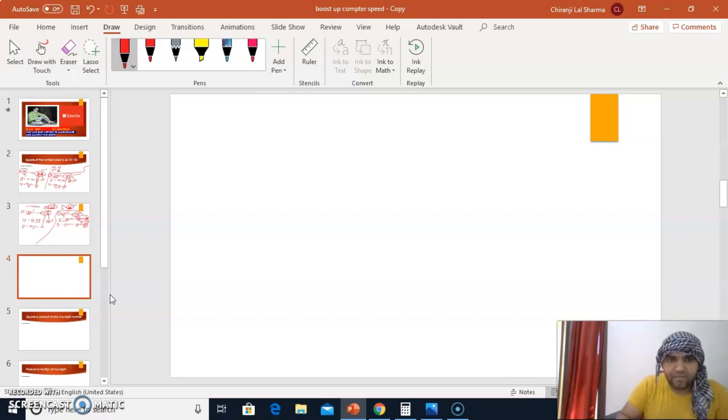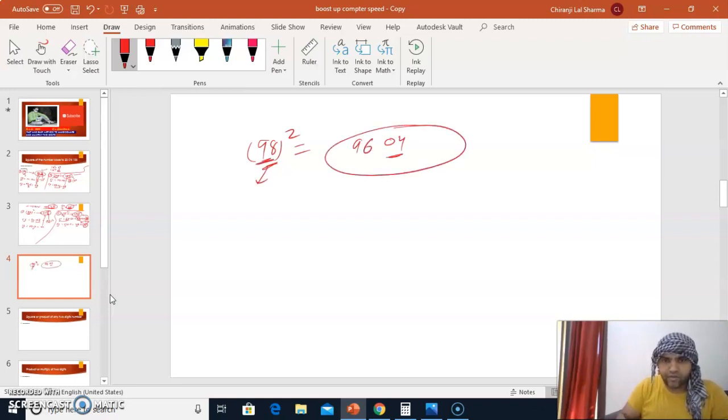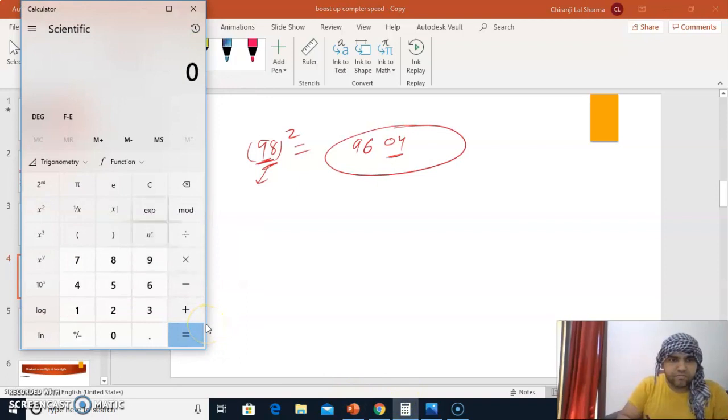Suppose you are taking an example for 98, the square of 98. What you will do, I'm directly using step 1. It is 2 less than 100, so I'll write the square of 2, that is 04, and I'll subtract 2 from the given number, you'll get 96. This is the square. You can check 98 times 98.